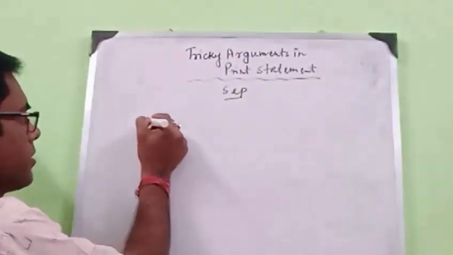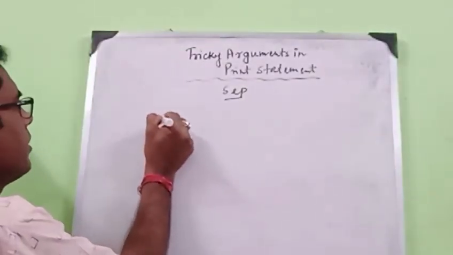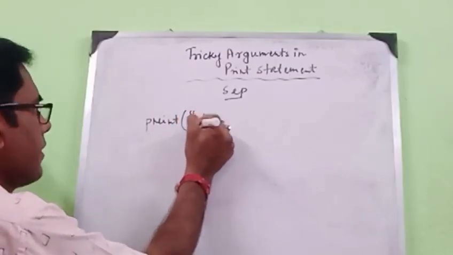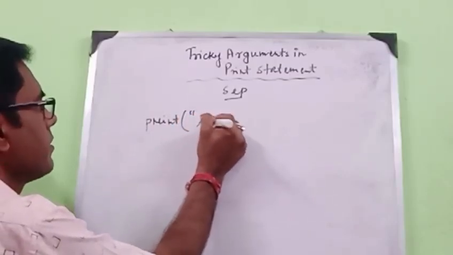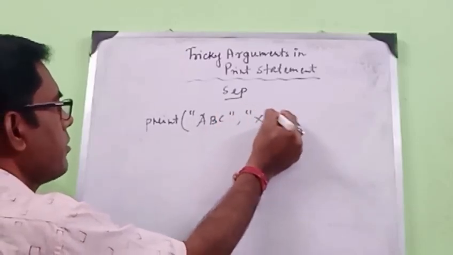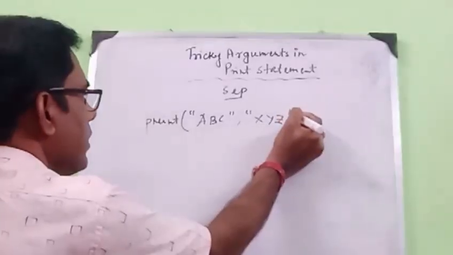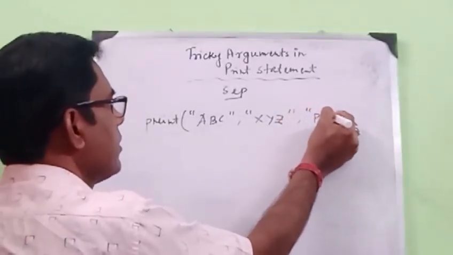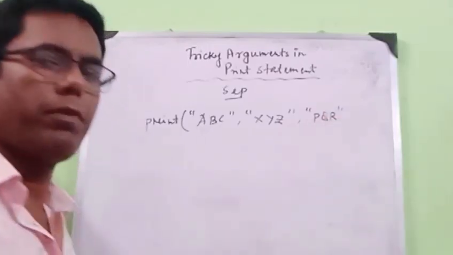Now, how can we execute this? Suppose we want to print the first value, ABC, then another value, XYZ, and then PQR. These are the three values we want to print.